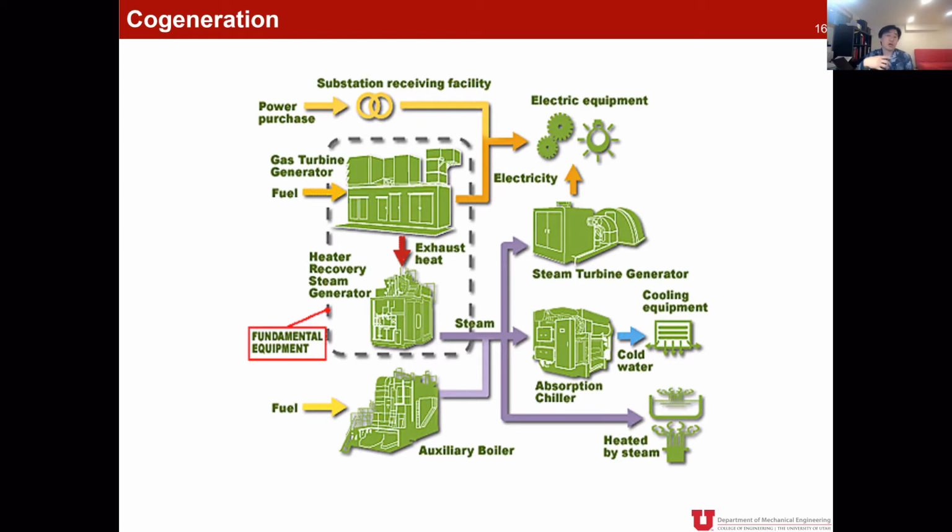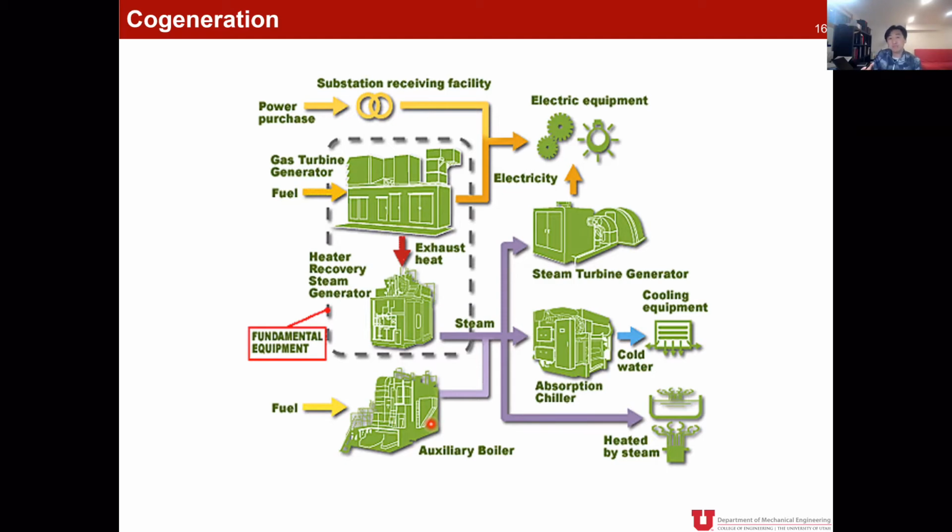So how we run the entire system is almost the same as combined cycle. We need a gas turbine and we have to burn a fuel to run this gas turbine. And by using the exhaust gas at the HRSG, we also can generate a steam. And also, sometimes we need an auxiliary boiler to make that steam quality higher, to higher temperature in a superheated regime.